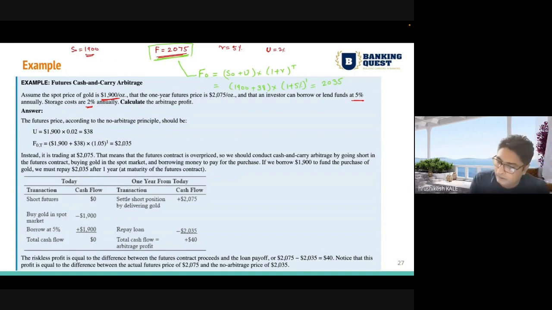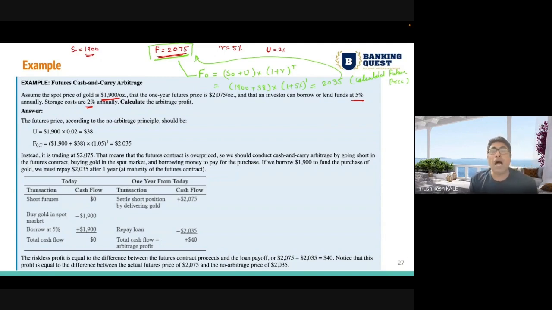Now, this is the calculated future price, and this is the actual future price. Is there a difference? Yes. There is a difference between calculated and actual, and the difference is quite huge. So 2035 and 2075, almost 40 rupees.